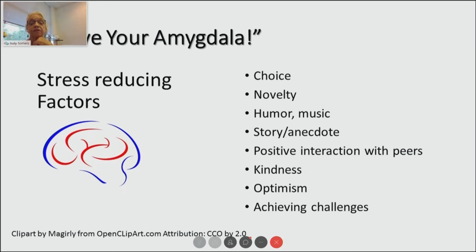Some of the things that reduce stress, and we're going to be looking at a lot of these as we look at the other parts of this book, are giving them choice and novelty, having things come that are different, different approaches. One of the reasons that we reference a variety of assessment tools is to provide that novelty for them.